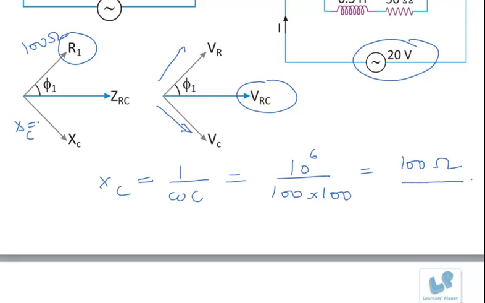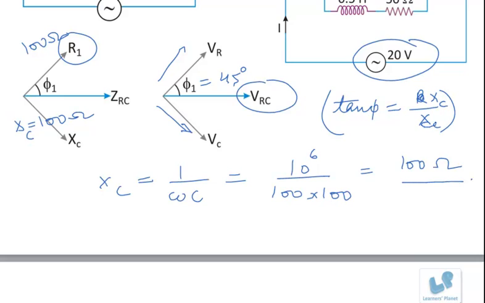So here you have 100 ohms as XC and 100 ohm as R. Tan phi is given by XC upon R, which is 100 by 100 equal to 1. Therefore the value of phi 1 is 45 degree.